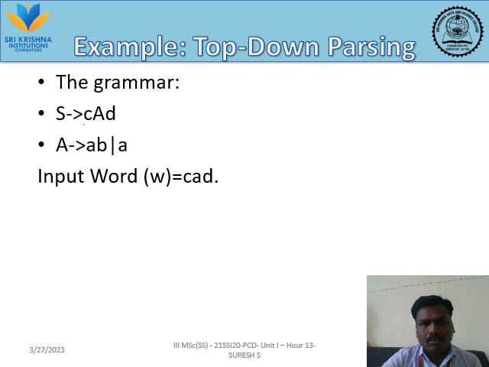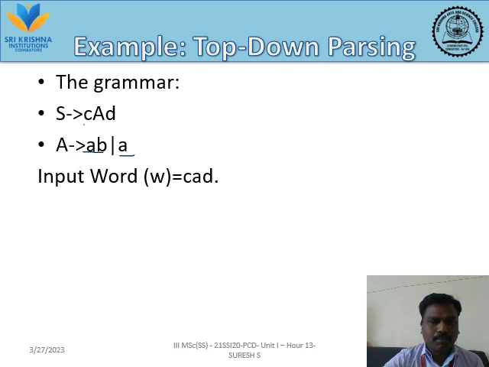Fine. So now S can be replaced by CAD. The capital A is a non-terminal, and then small C and D are the terminals. In the second production rule, A is a non-terminal. This non-terminal produces AB or A. So AB is one alternate and A is another alternate.